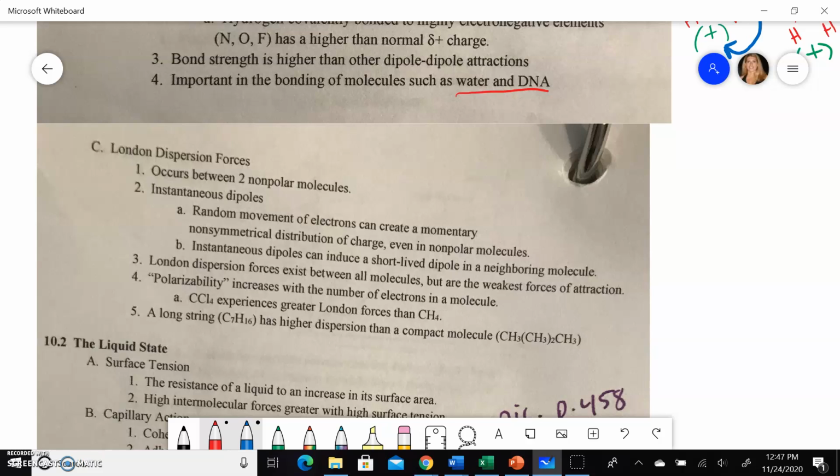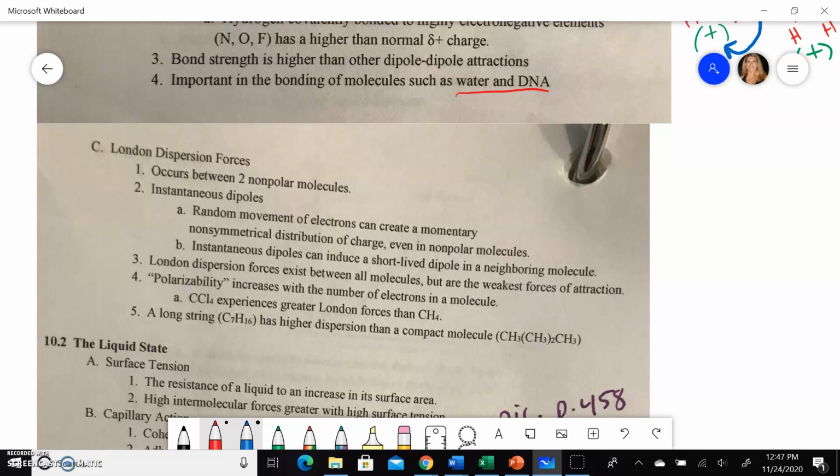And then our last type of intermolecular force for this chapter is the London dispersion forces. We usually talk about this with nonpolar molecules, but it actually exists between any molecule. And it's really just the random lopsided electrons that happen. Since they're moving around, they tend to get lopsided every once in a while, and so you end up with a slight negative on one side of the molecule just purely while those electrons are lopsided.